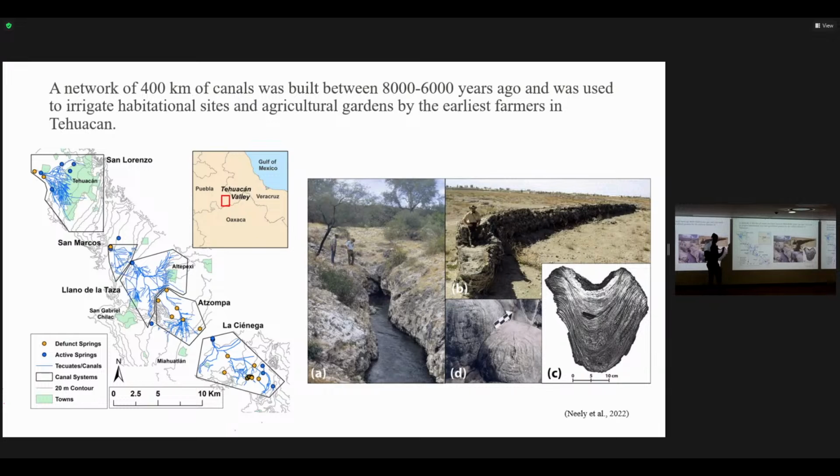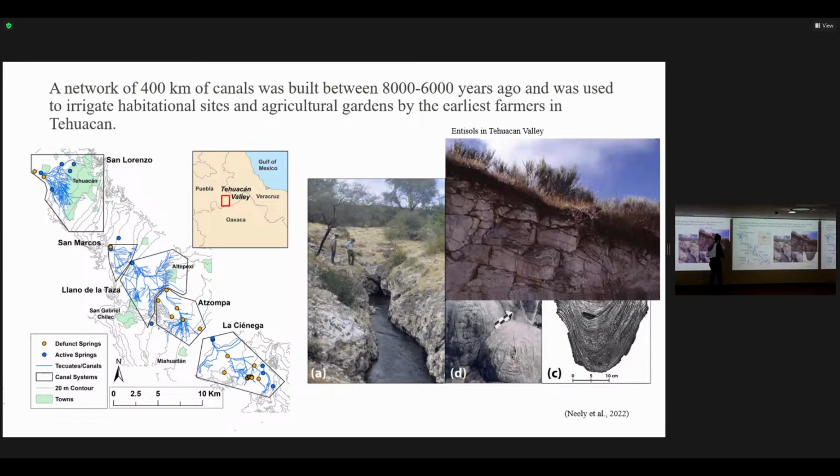So we can think of the agriculture in the Tehuacan Valley 8,000 to 6,000 years ago, and they had a huge system of canals that were irrigating the crops. So, okay, we can think that water then was not the stressful factor, even though the Tehuacan Valley is so dry. Water was not the constraint of these plants because they had these irrigation systems.